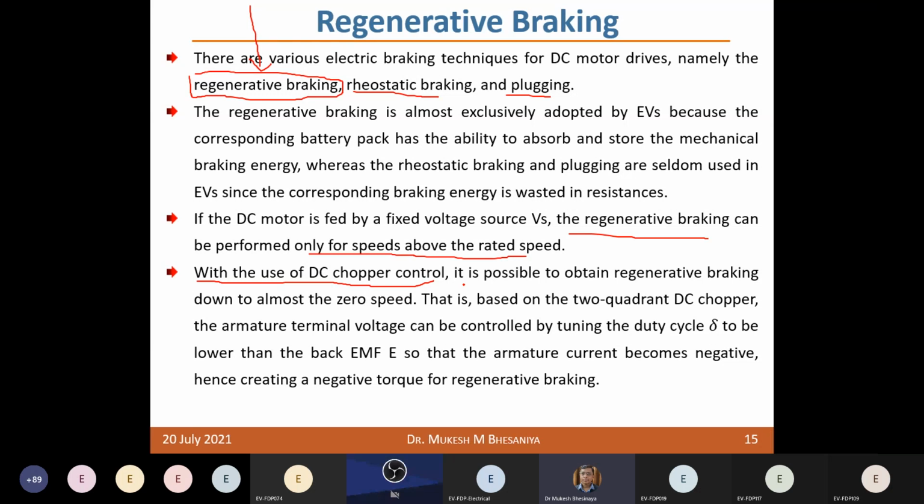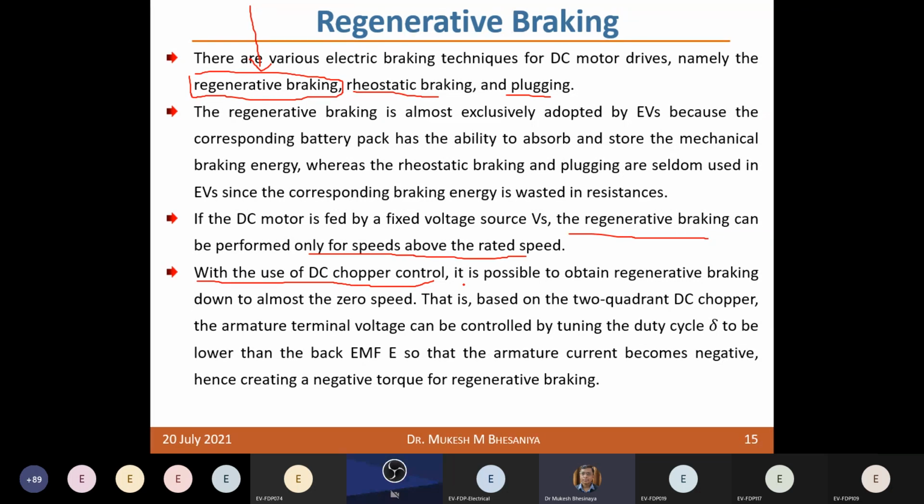Now when we talk about power, you have two parameters. One is voltage and another is current, right? When both voltage and current are positive, power will be transferred from the battery to the motor. To reverse the polarity of power, you need to reverse either voltage or current.